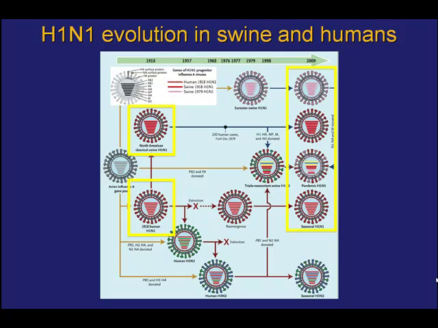They have exactly the same ancestor. This swine virus is called classical H1N1, but the two viruses have evolved along different pathways, and the result is that the recent swine and the recent human seasonal H1N1 virus are antigenically different.